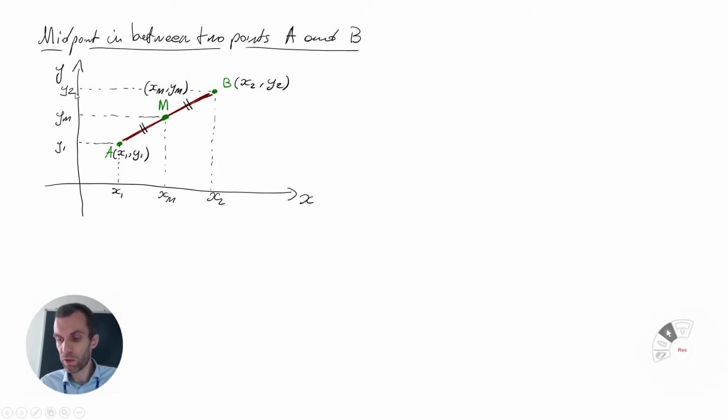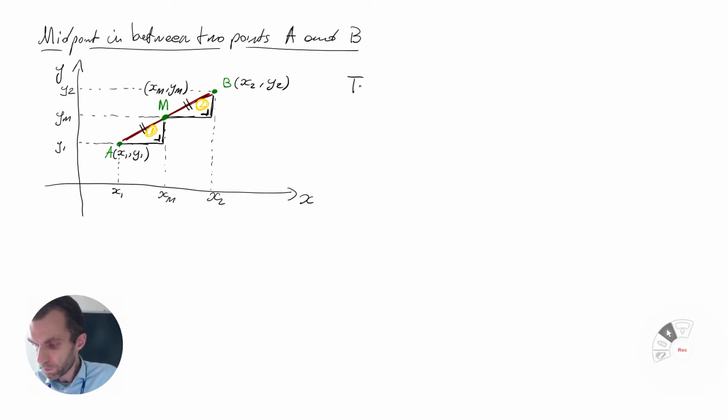And now let's draw two more right angle triangles. Let's take this right angle triangle and this right angle triangle. And let's call this triangle 1 and this triangle 2. So it's getting quite full, but this is all we need.